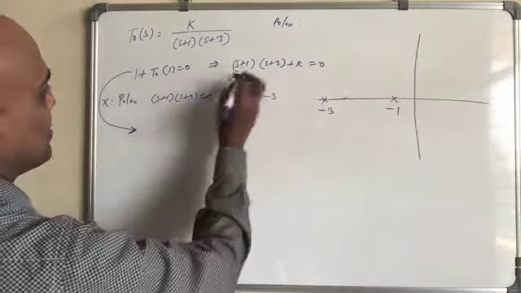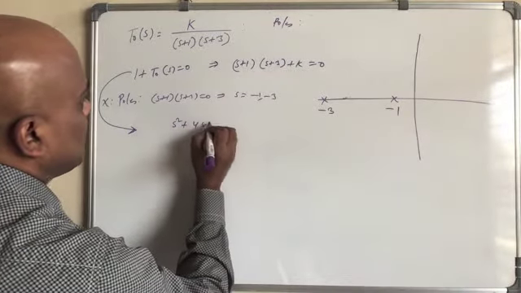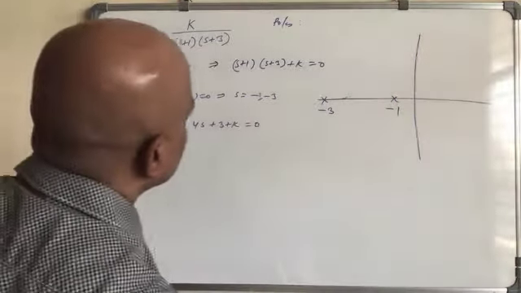So we can write S square plus 4s plus 3 plus K equal to 0.